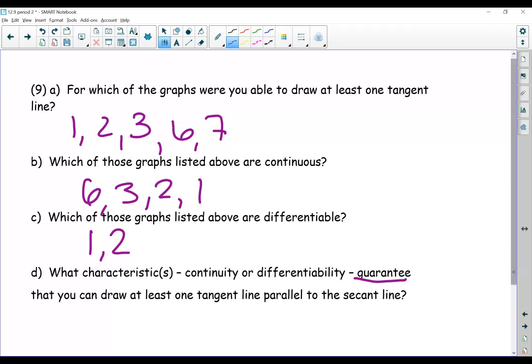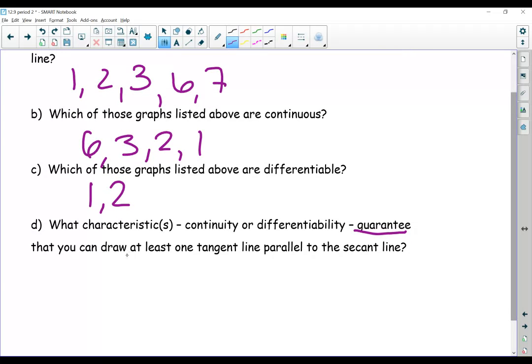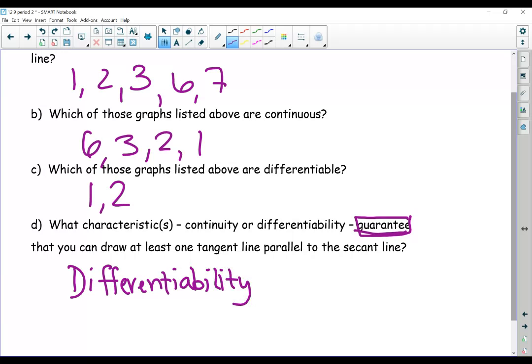So if I had to say which I could guarantee, well, there were graphs that were discontinuous where I could still draw one. But were there any graphs that were differentiable that I wasn't able to draw one on? And the answer to that is no. So if I wanted to guarantee that I could draw a parallel tangent, I would need to guarantee that differentiability occurs.